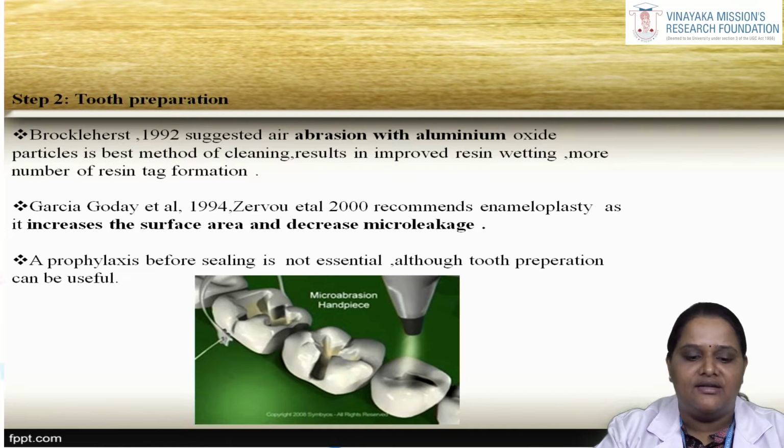Garcia Godoy et al. in the year 1994 and Zervou et al. in 2000 recommend enameloplasty as it increases the surface area and decreases the microleakage. A prophylaxis before sealing is not essential, although tooth preparation can be useful.